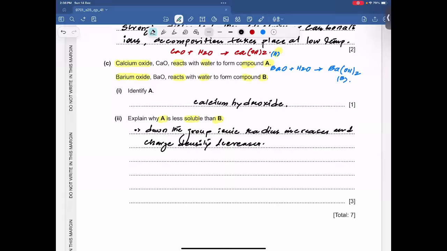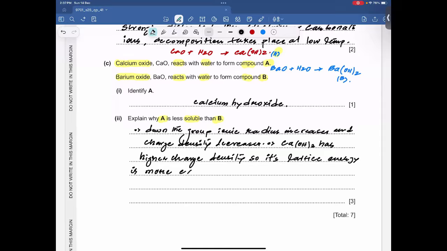All right, which means calcium hydroxide has higher charge density, so its lattice energy is more exothermic than barium hydroxide.